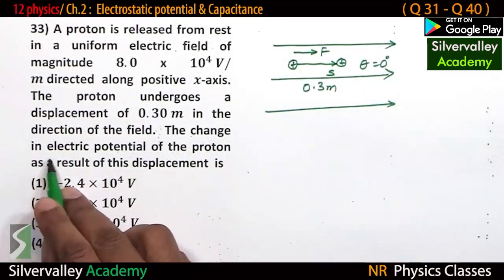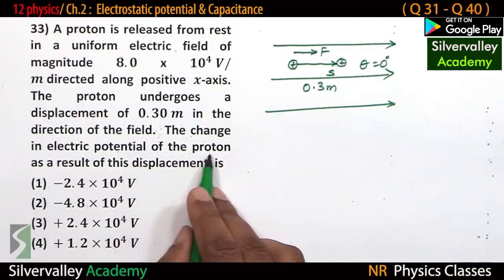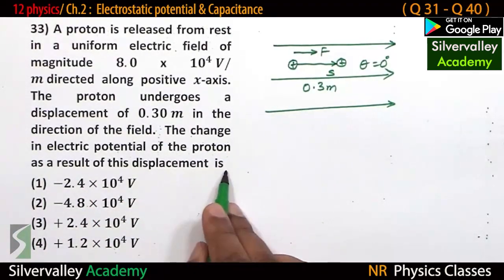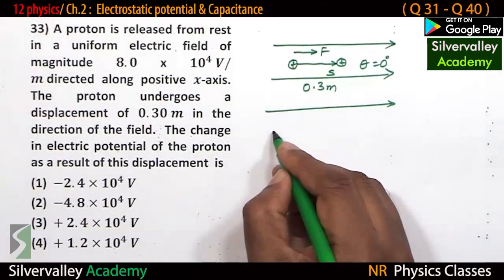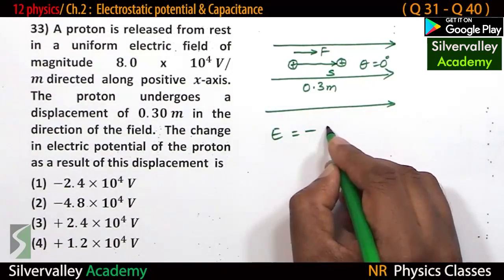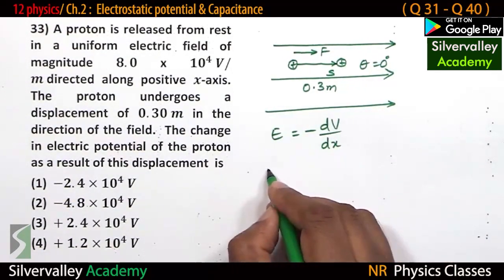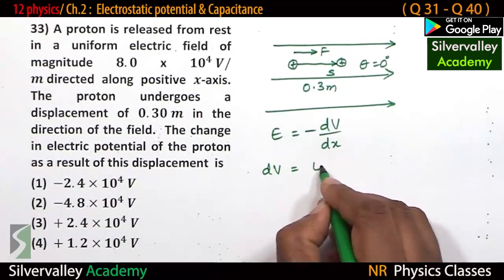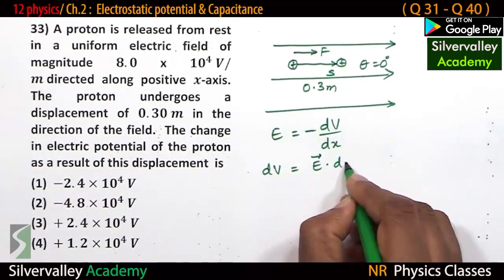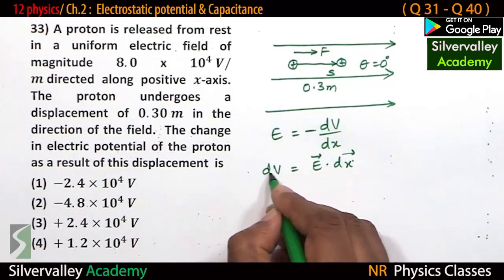The change in electric potential of the proton as a result of this displacement is: electric field equal to minus dV by dx, or dV equal to E dot dx with negative sign.